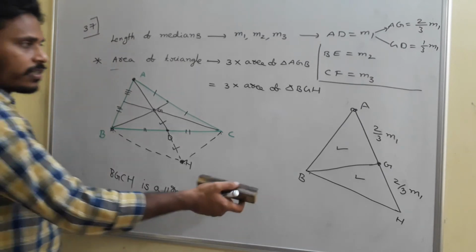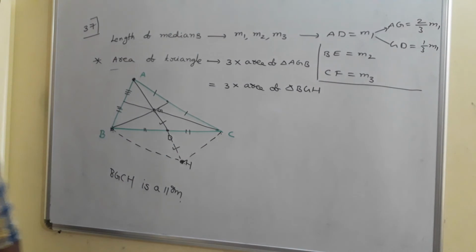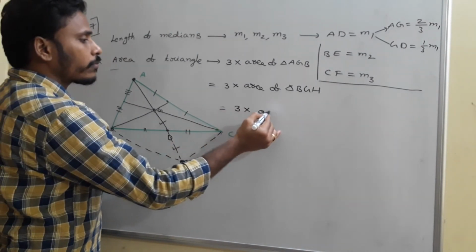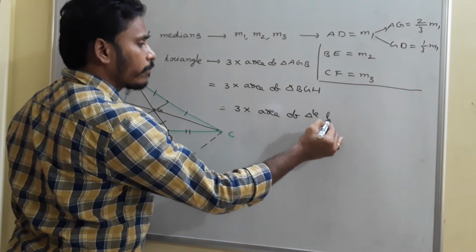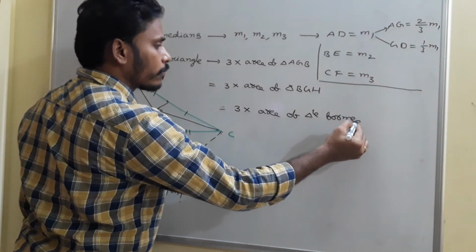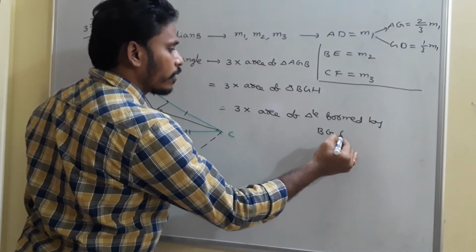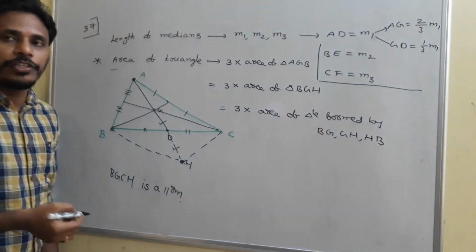I will erase it for space. Now look there. This is equal to 3 into the area of the triangle formed by BG, GH, HB. These are the sides of that triangle BGH, right?